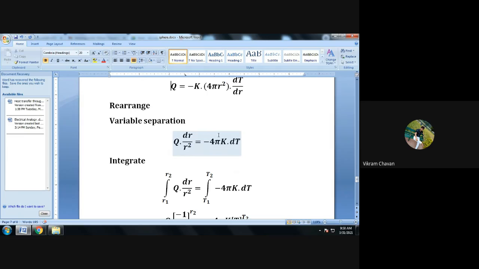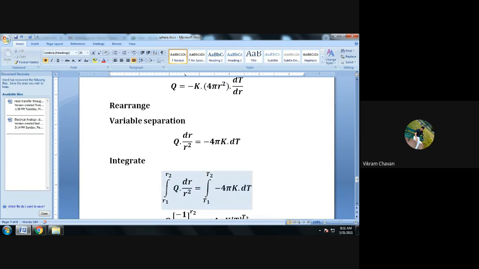Now we have to integrate this equation with the limits. Limits are nothing but the extreme boundary conditions. When r is equal to r1, at that time T is equal to T1. When r is equal to r2, at that time T is equal to T2. So our limits for the radius are r1 to r2, and for the temperatures T1 to T2.